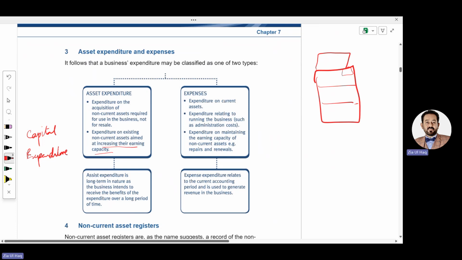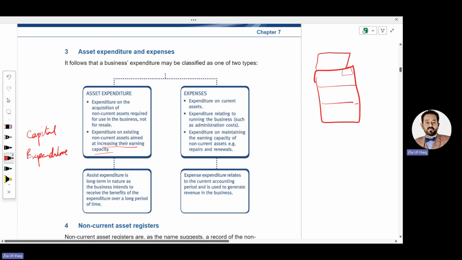So this should be capitalized. So what that is saying: expenditure on an existing asset aimed at increasing its earning capacity. If through that expenditure the asset's earning capacity can be increased, that should be capitalized. If earning capacity will remain the same due to that expenditure, that expenditure should be treated as revenue expenditure.